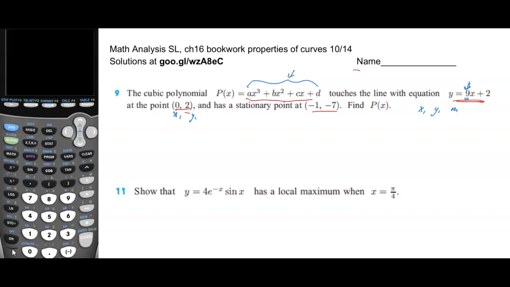So first of all, let's find the gradient function of p, the derivative of p. So we'll find p dash. The way we do that is we use the power rule. And we know that this gradient at x equals 0 is going to be 9.